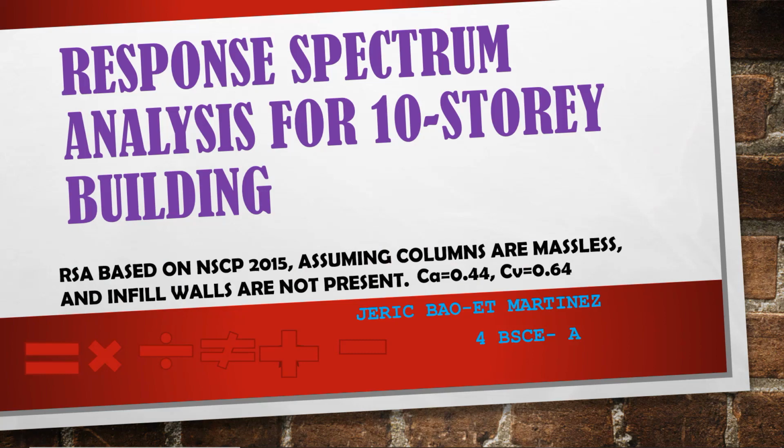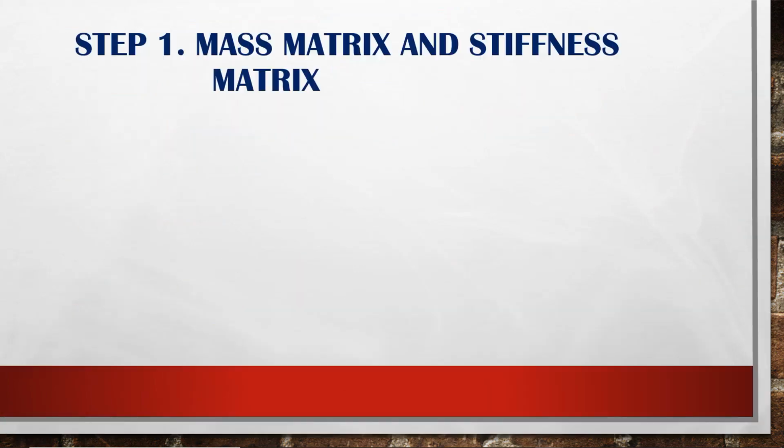Mass matrix and stiffness matrix. Using the given mass and stiffness of the 10-story building, we will be able to generate our mass matrix and our stiffness matrix. Given for mass, for the first floor to the ninth floor, each floor has 1.429 ton of mass, and for the 10th floor, we have 1.089 ton.